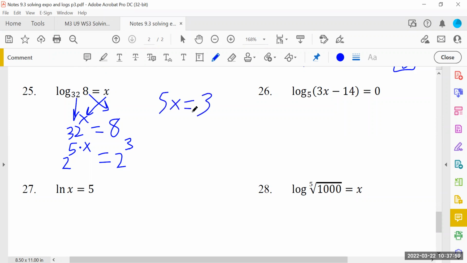I don't need to worry about the 2's because they already match. Divide both sides by 5. X is equal to 3 over 5. Does that make sense to everybody? X is equal to 3 over 5.